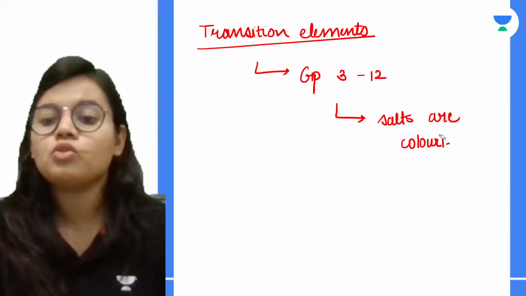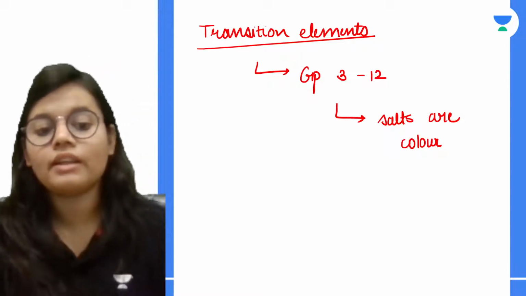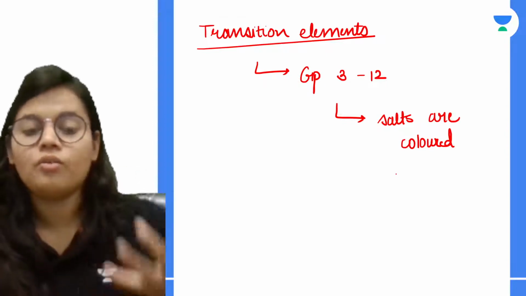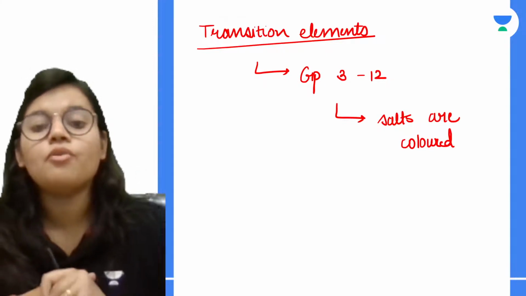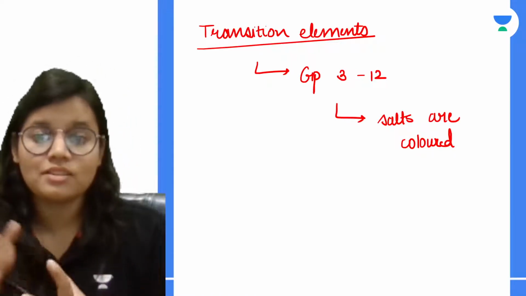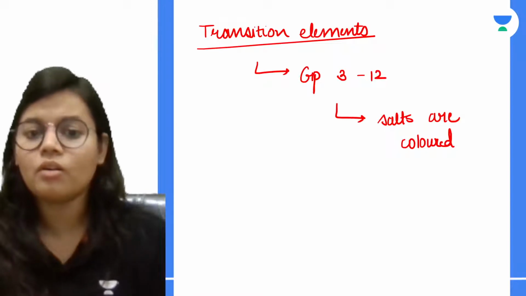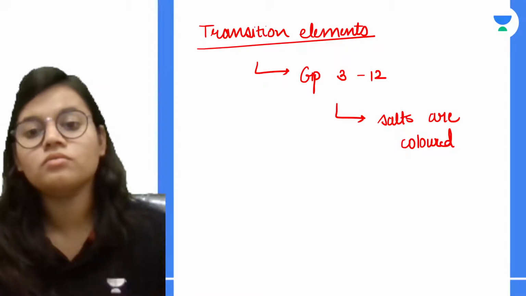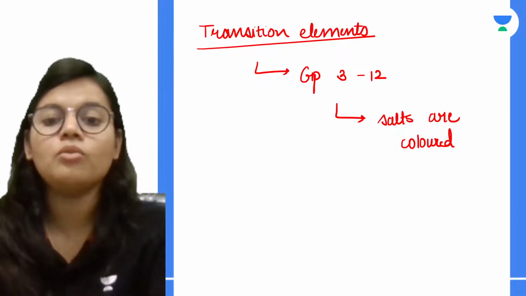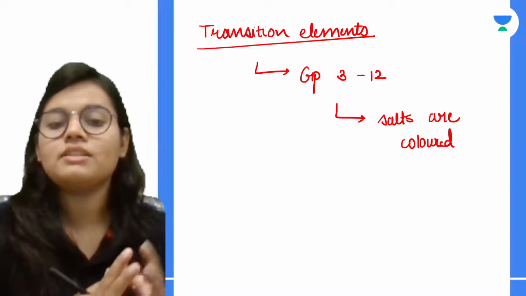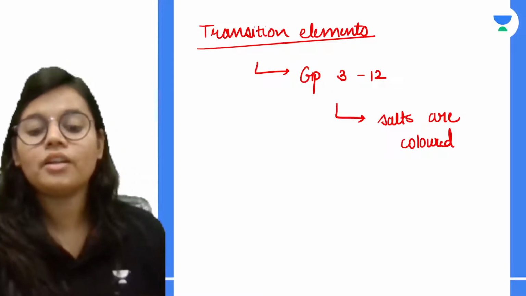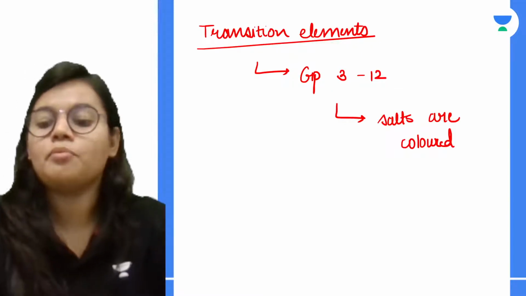Okay, now to identify which type of salt it is, which type of ion is present, these salts have to undergo various reactions, okay, with the help of reagents. Now what are reagents? Reagents are the substances which react with another substance in order to let us know which type of salt is present. Okay, so this is how we will be seeing what are the different types of ions, what is the color, what should be the reaction, and how to identify which type of ion is present.